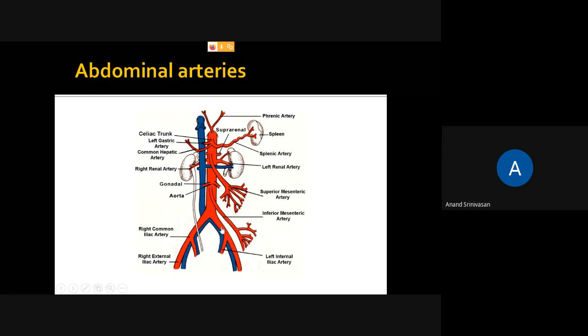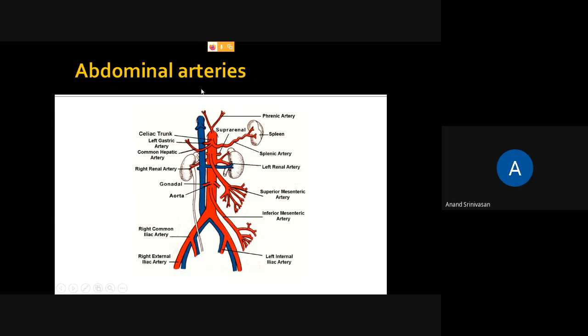These common iliac arteries divide into external iliac and internal iliac arteries. Any doubts until now? So three branches: celiac artery, superior mesenteric artery, inferior mesenteric artery. Common iliac arteries on both sides, external iliac and internal iliac. All right. Any doubts?